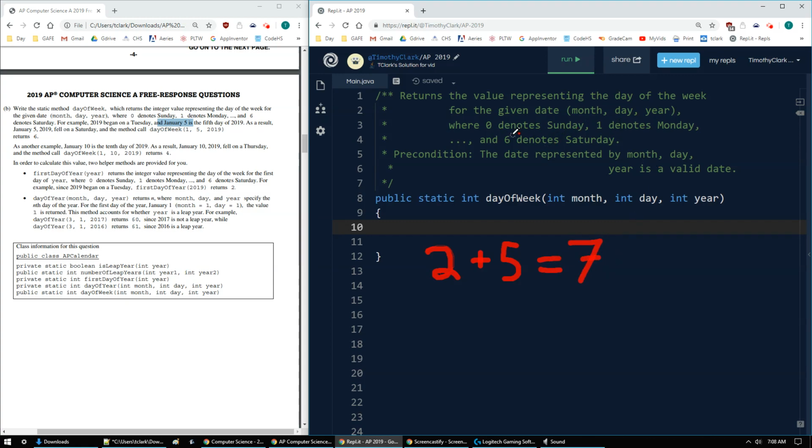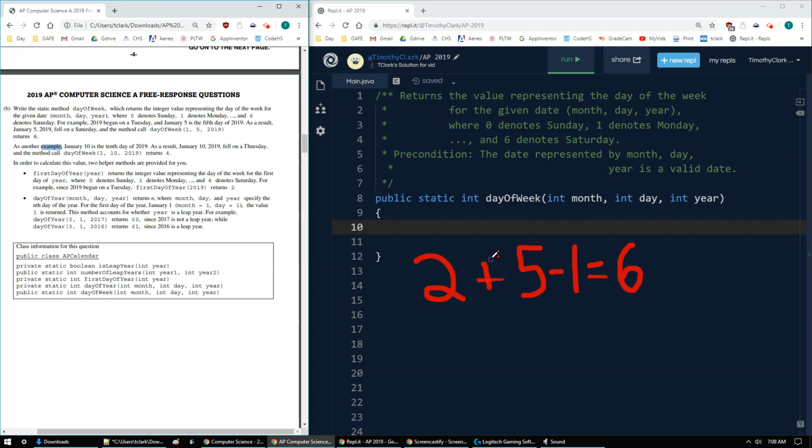But remember, 6 is Saturday. Because I'm starting at January 1st, I should subtract 1 from the day of the year, so Sunday being 0, 2 plus 5 minus 1 gives me 6. And that would be Saturday, like it says in the example.